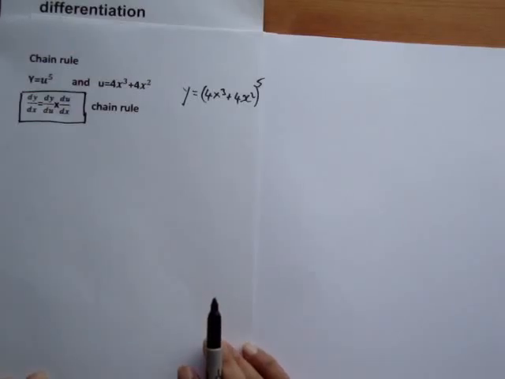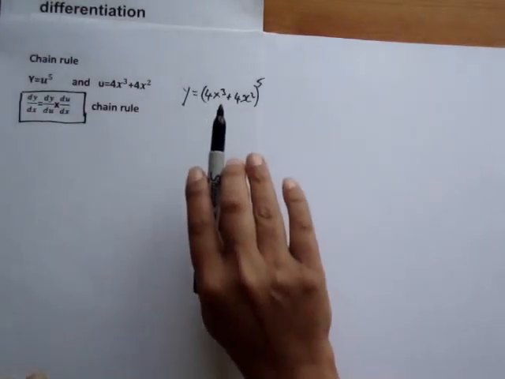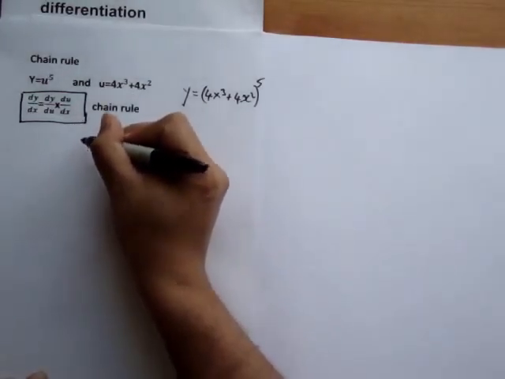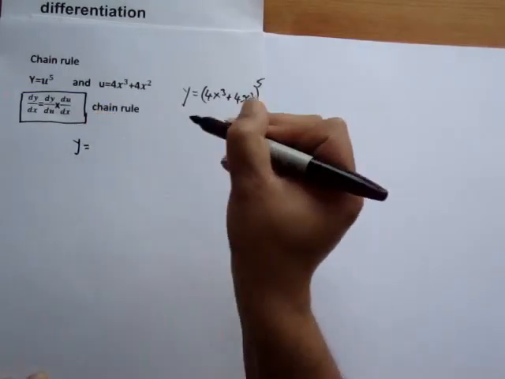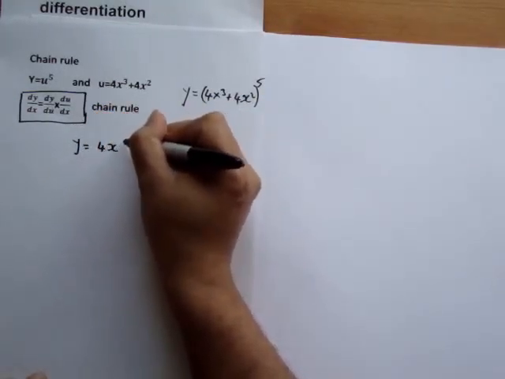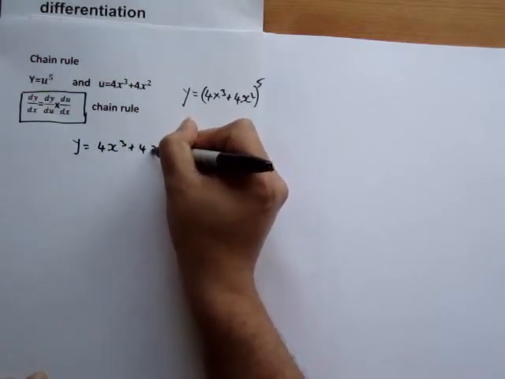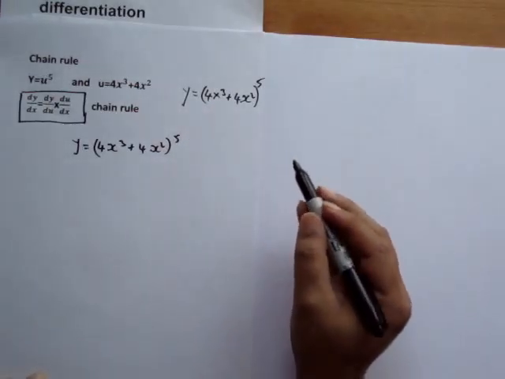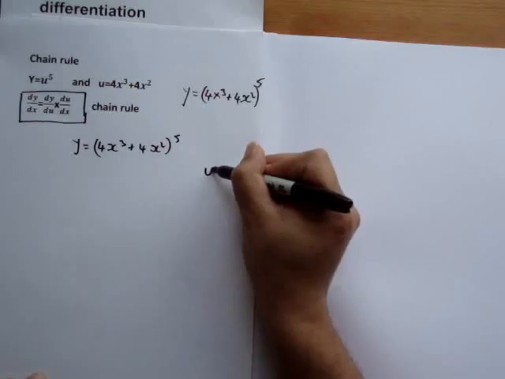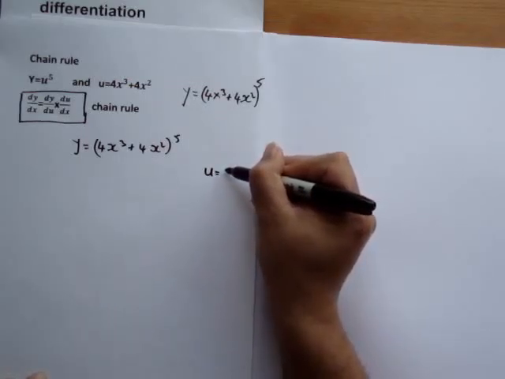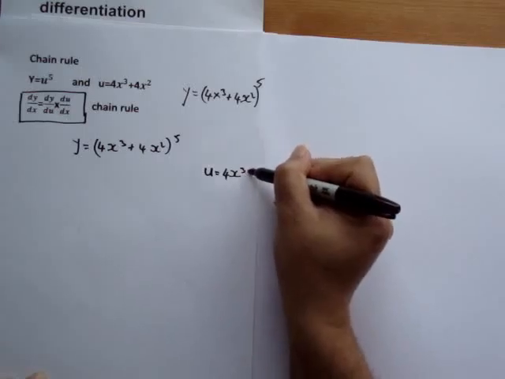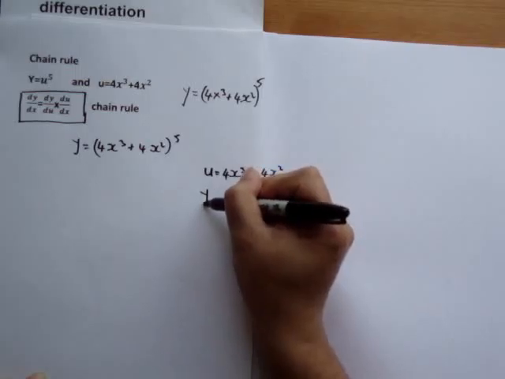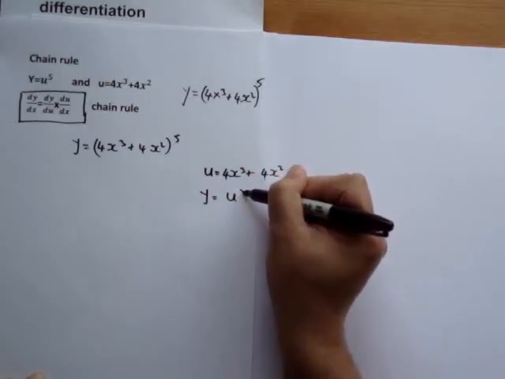So how can we use the chain rule with this function? So what we do is write out the function y equals 4x cubed plus 4x squared all to the power 5. Identify the u, and the u is usually the thing in the bracket, which is 4x cubed plus 4x squared. So the y then becomes u to the power 5.